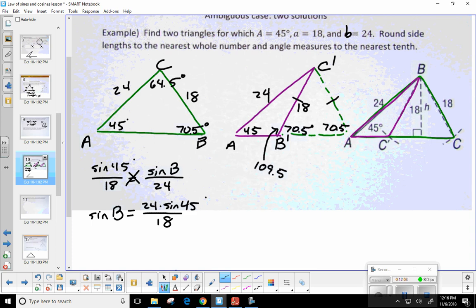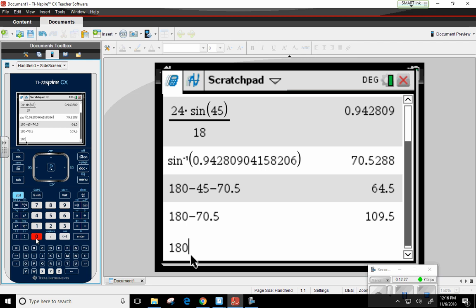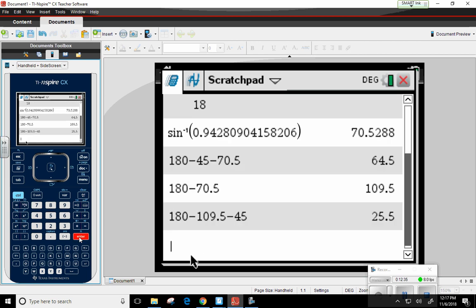Now, how do I find this missing angle right here, C prime, this little one? Just subtract like we did a moment ago. So somebody help me out. What's 180 minus 45 minus 109.5? Let's see, 180 minus the 109.5 that we just found, minus the 45 that we had. 25.5.